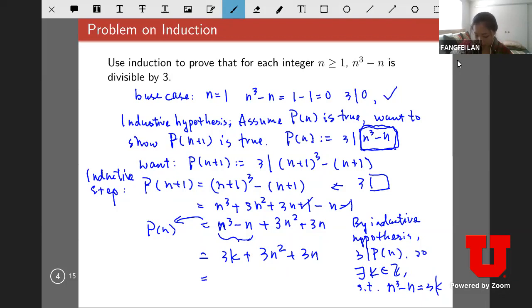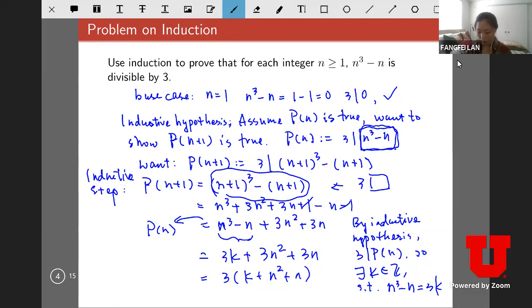Now we can clearly see the goal in the end is to get this part to look like 3 times something. There's a 3 in every term, so we take it out, and we get k plus n squared plus n.